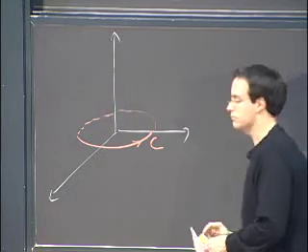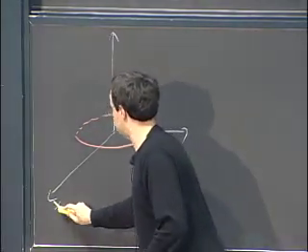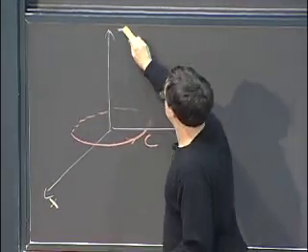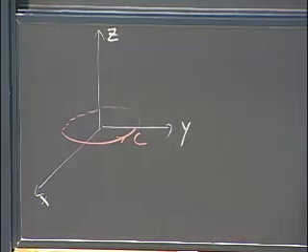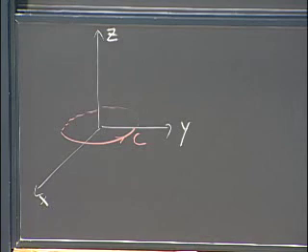Of course, I can set up the line integral directly and compute it by setting x equals cosine t, y equals sine t, z equals 0.